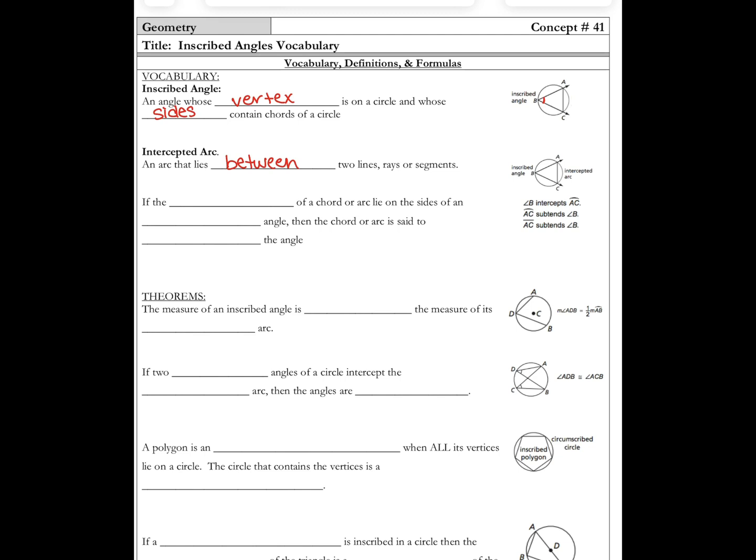An intercepted arc is an arc that lies between two lines, rays, or segments. If the endpoints of a chord or arc lie on the sides of an inscribed angle, then the chord or arc is said to subtend the angle.